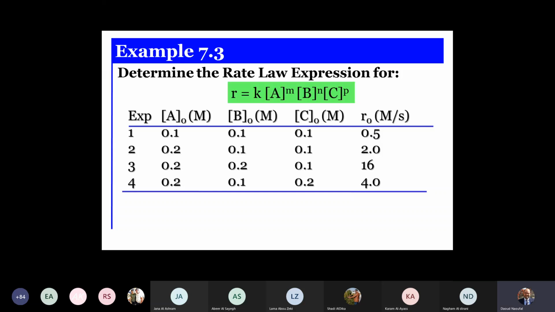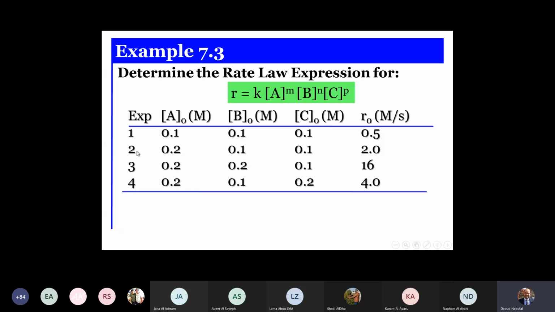Now I will choose the time equal 0 for the 4 experiments. So I will apply the rate law expression at t equals 0 for the 4 experiments. For student 1, I will write R0 equals K times 0.1 to the power K times 0.1 to the power M times 0.1 to the power N times 0.1 to the power P.